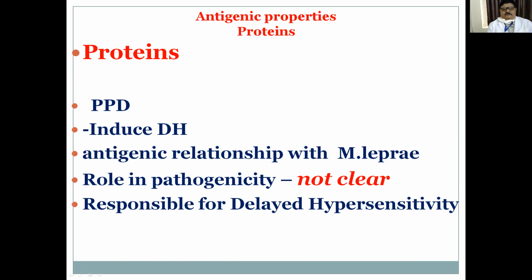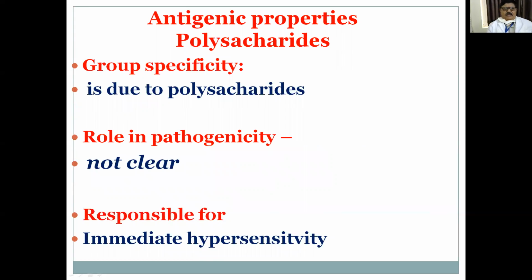Okay, we have seen about lipids. What about proteins? Usually you do a test, PPD, purified protein derivative. It induces delayed hypersensitivity, but its role in pathogenicity is not clear. So that is about the proteins. And the last variety, polysaccharides.